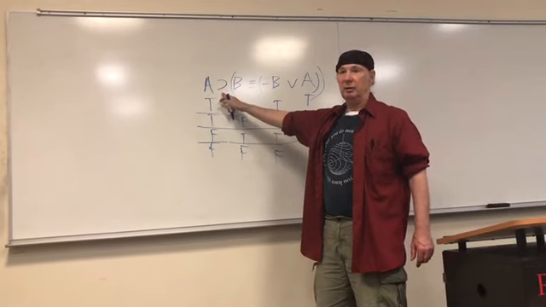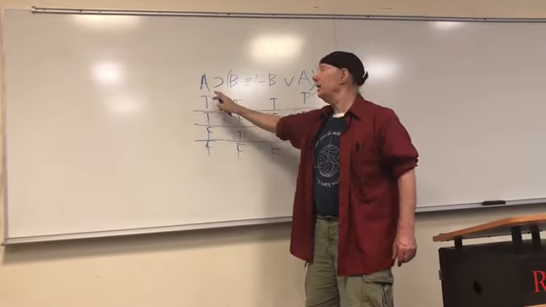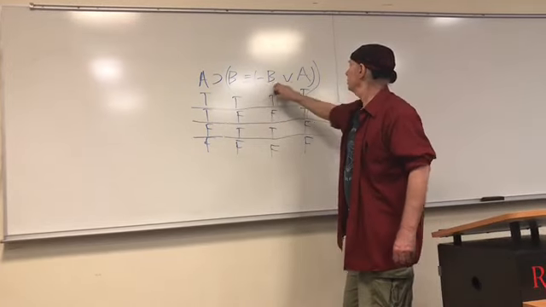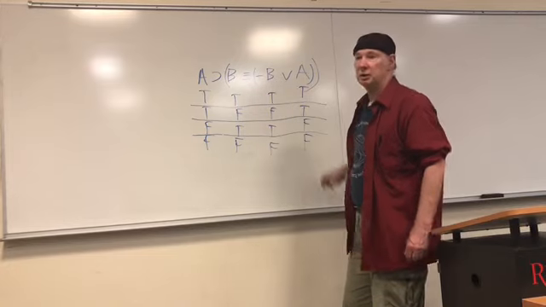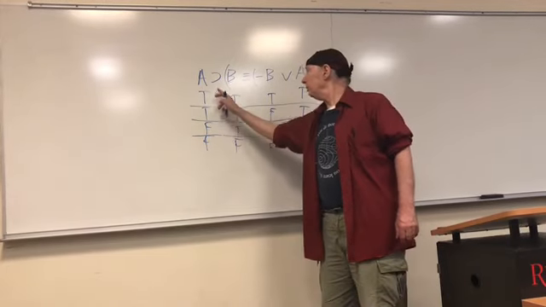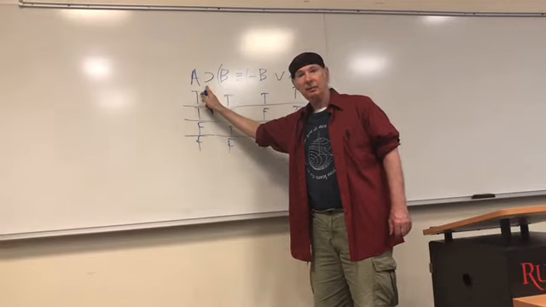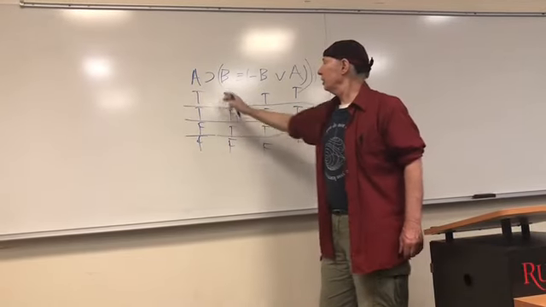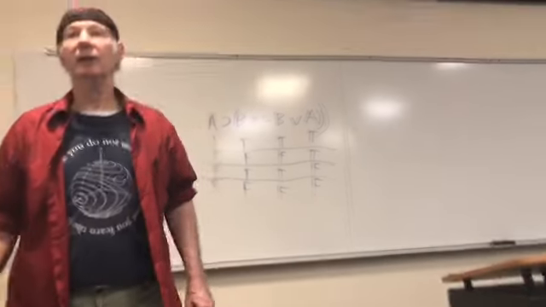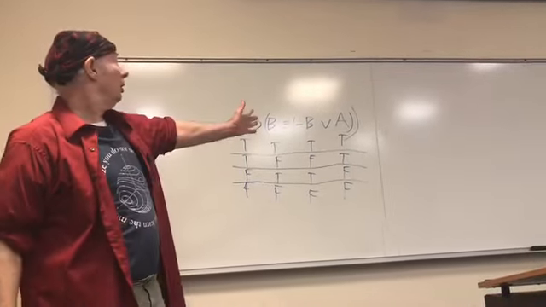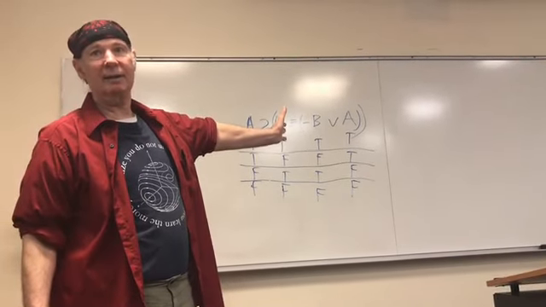The horseshoe, the first horseshoe. We took A and horseshoed it to this wff, B, if and only if, squiggle B, wedge A. So that will be the last column to fill in. Since there are no truth functions to its left, we need only to look at what is to its right.